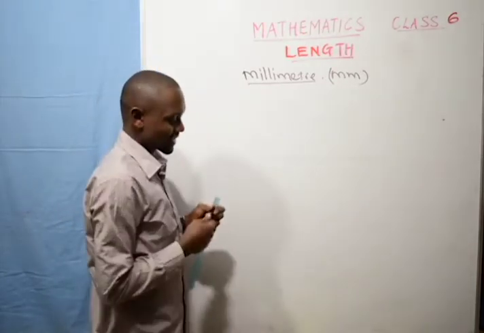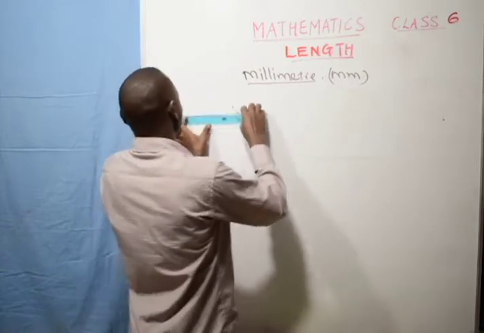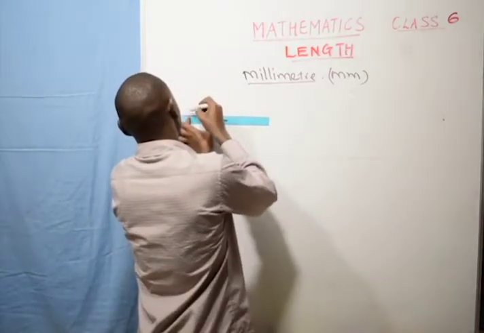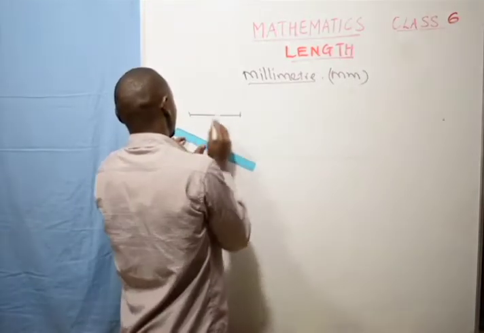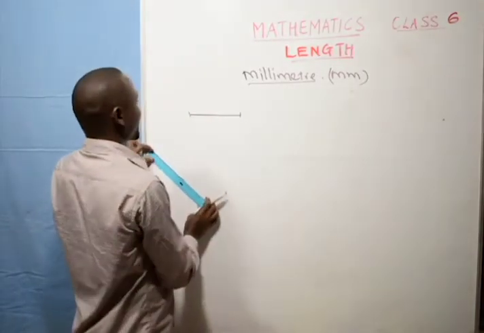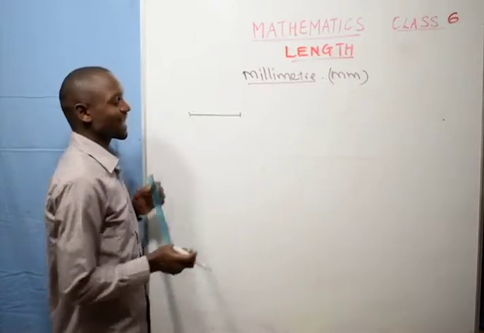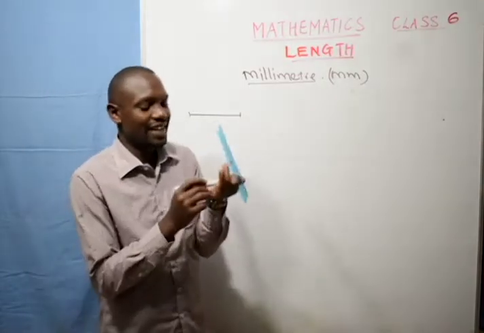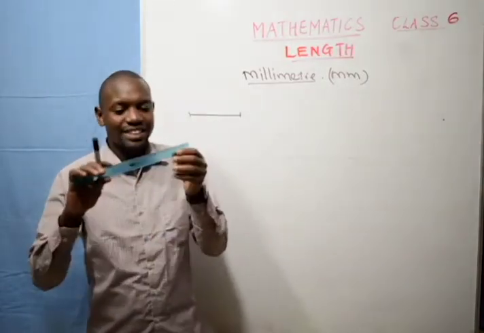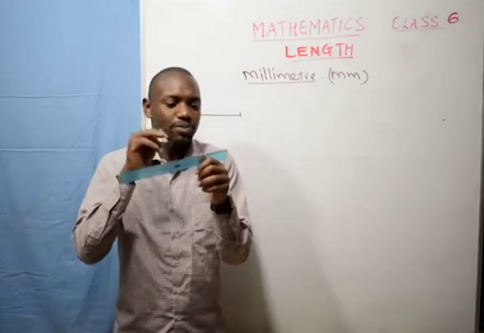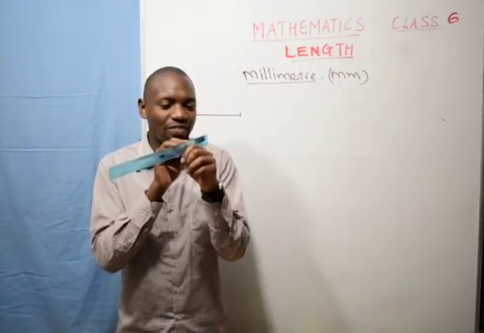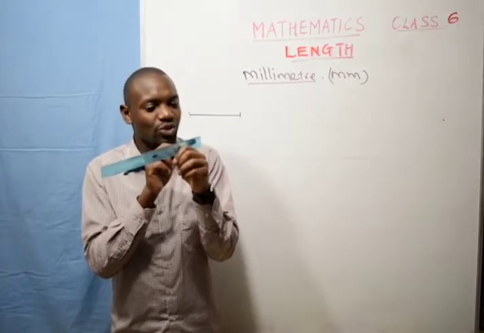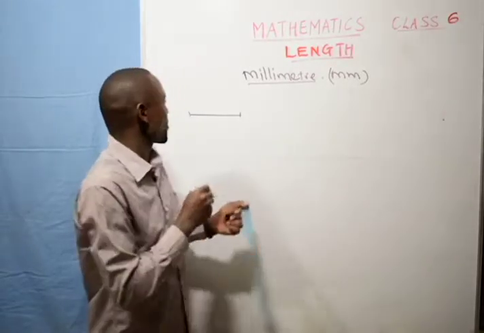For example, if you want to measure this line, the scale that we use is the centimeter scale. In that centimeter scale, we have other small markings on that ruler. From 0 to 1, we have other small markings there.